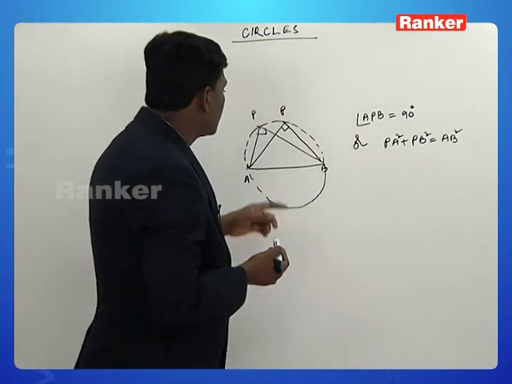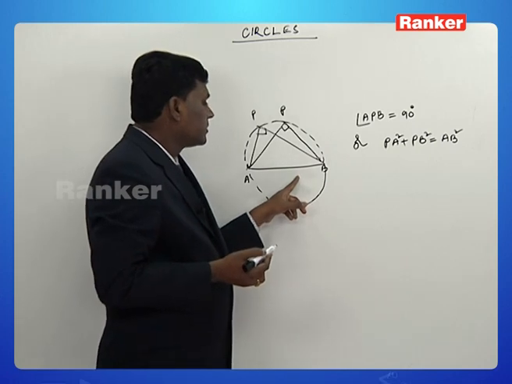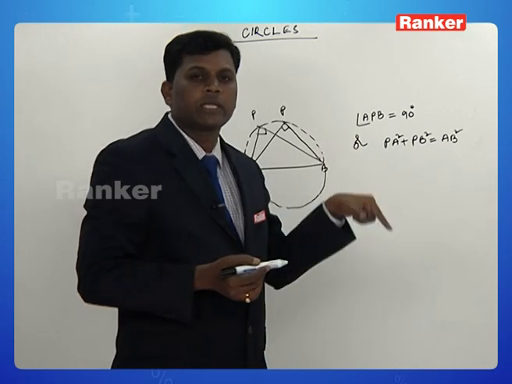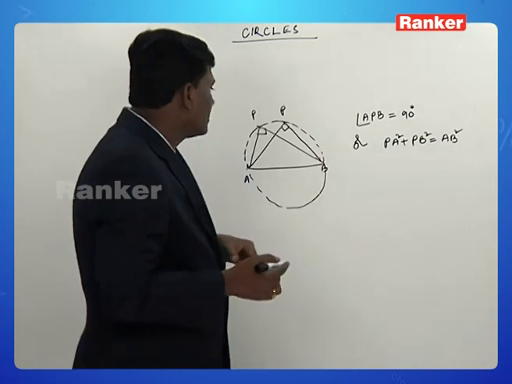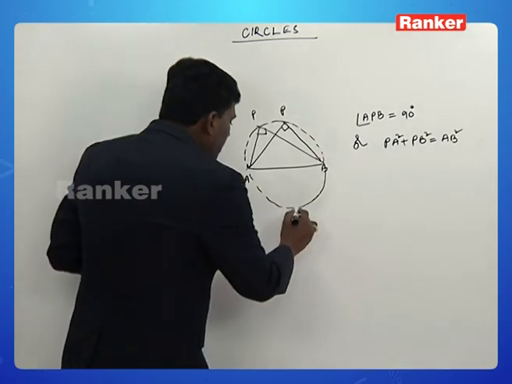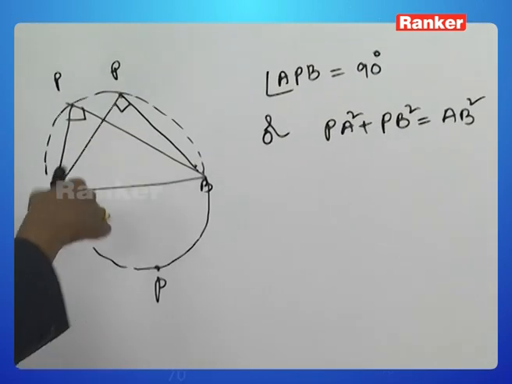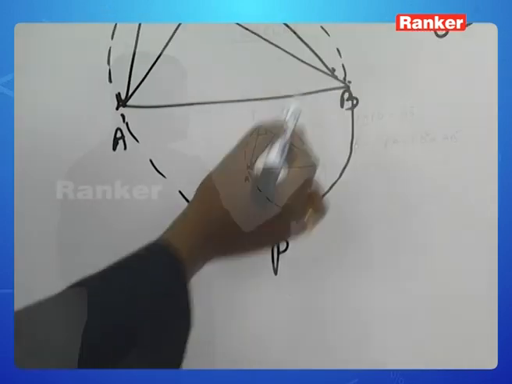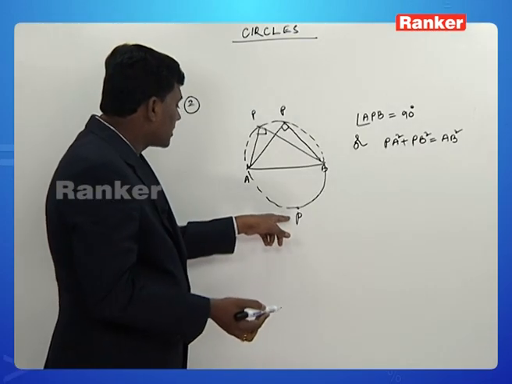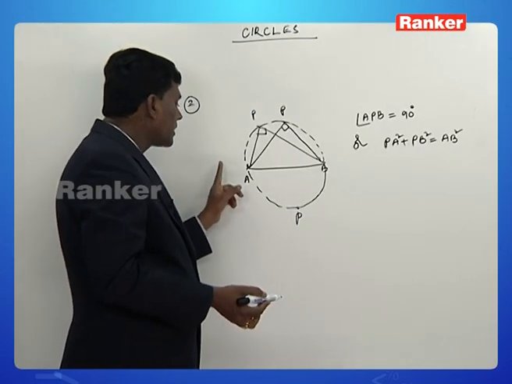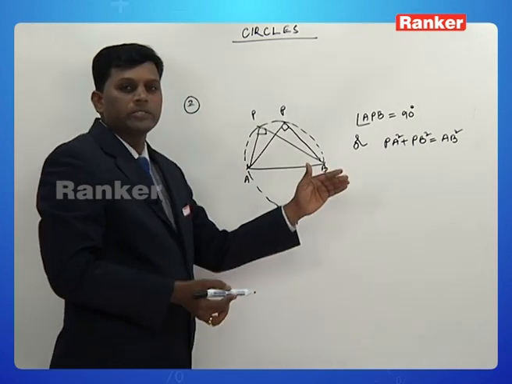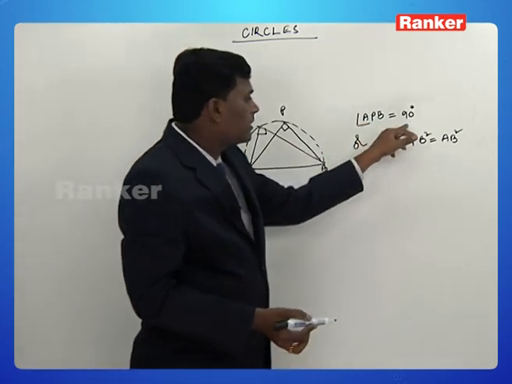But one specific thing we have to remember while using this case is that we can choose P anywhere on the circumference, except at A or B. If we take P at A, then P, A and B become collinear points, and collinear points will never give you 90 degrees.